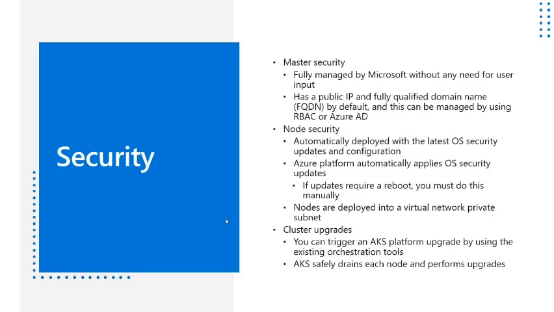You can view a list of available Kubernetes versions for your AKS cluster. To start the upgrade process, you specify one of these available versions. Azure then safely cordons and drains each AKS node and performs the upgrade.